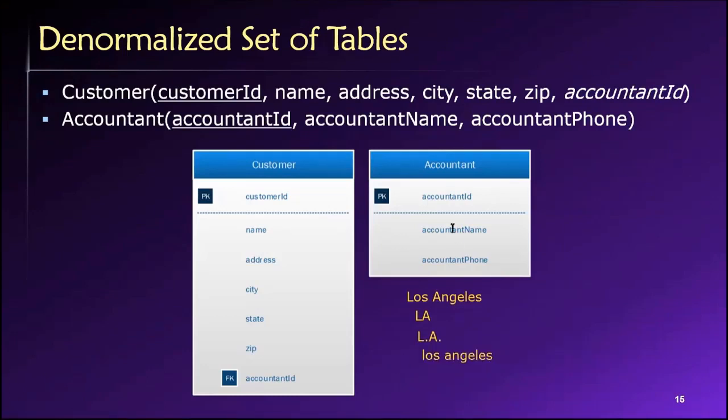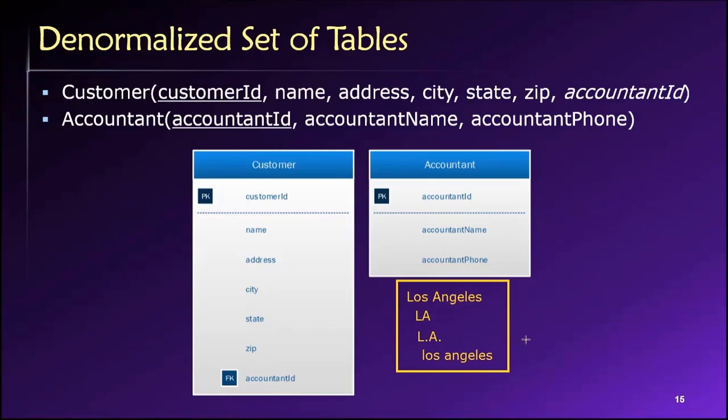So in reality, what we have is one city in this example, but because we allowed our customers to type this in and we have no other controls in place, we have multiple spellings, multiple variations, multiple labels for the same underlying concept. So there's inconsistency.